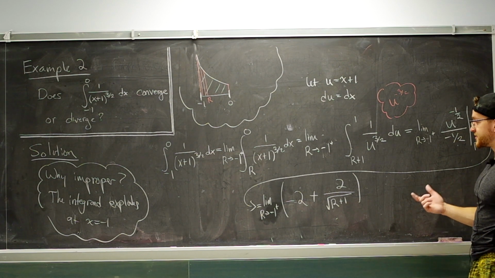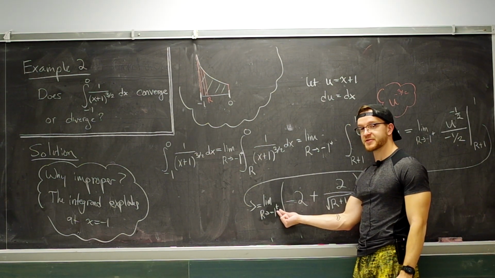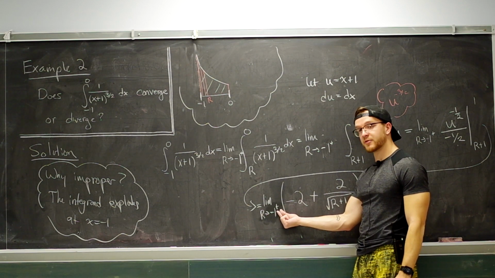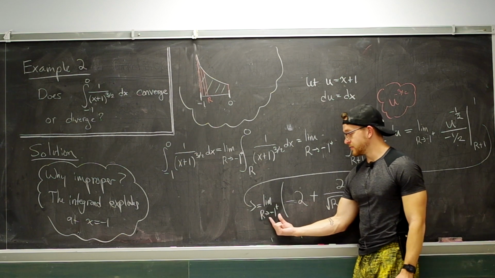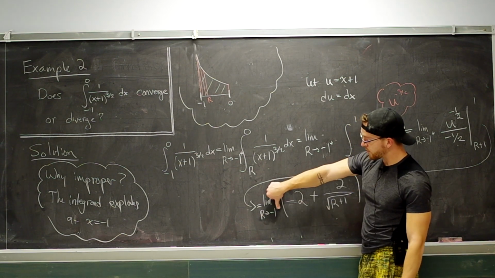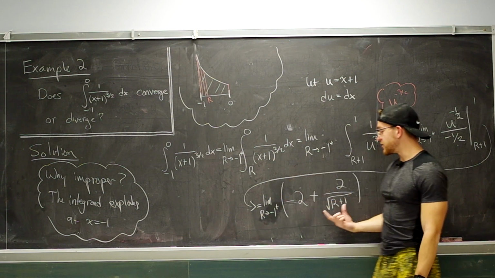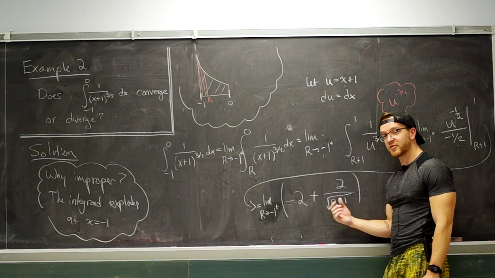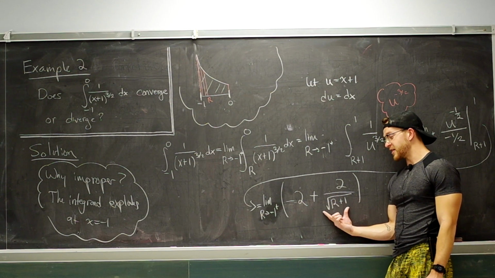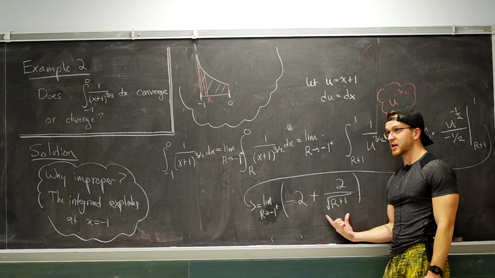Here's another indication of why we do have to specify that this is a limit being taken from the right, because this expression would not make sense if I didn't have the plus sign here. In other words, if you tried taking the limit of this as r goes to -1 from the left, something bad's going to happen because you'll be plugging in numbers more negative than -1.